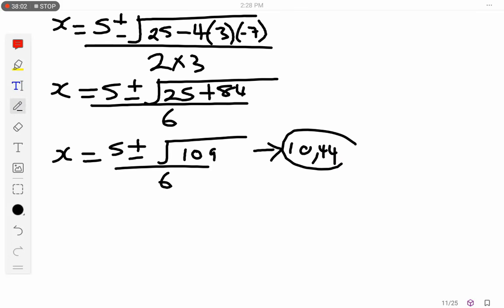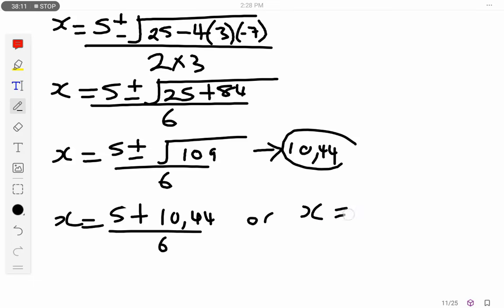So we are saying our x value is x equals 5 plus 10.44 over 6, or x is equal to 5 minus 10.44 over 6. These are the values of x there.